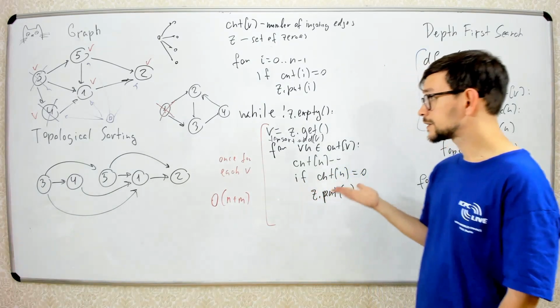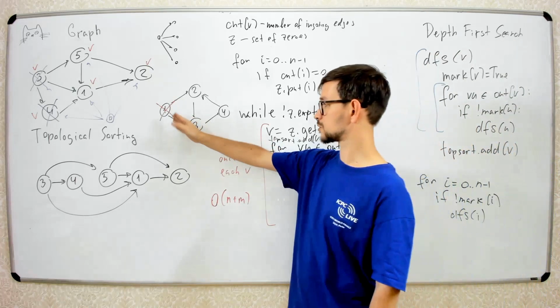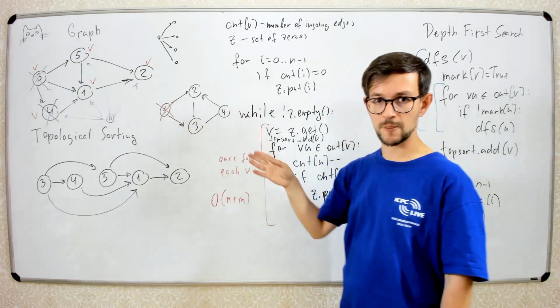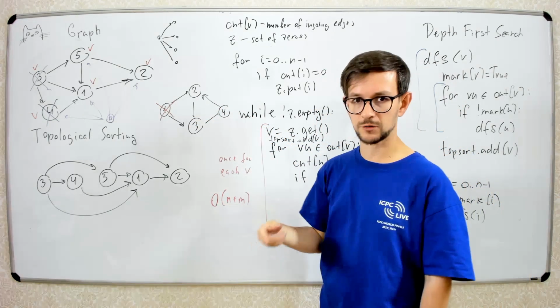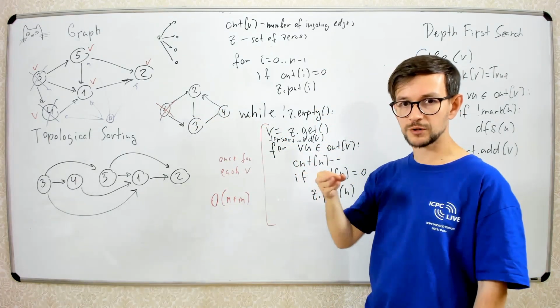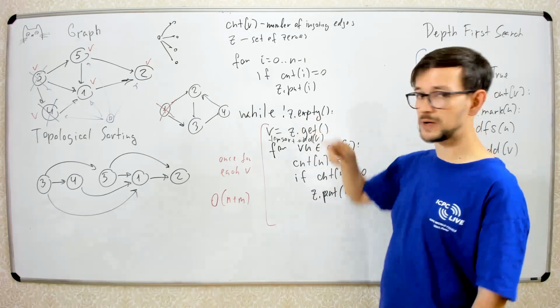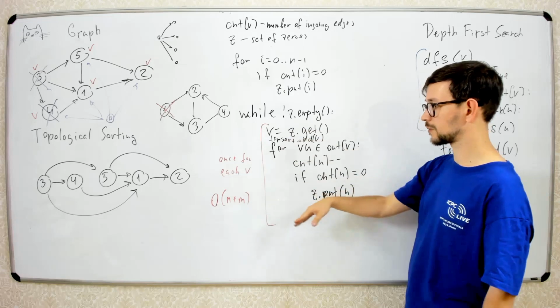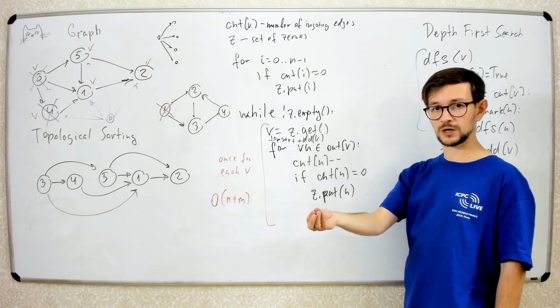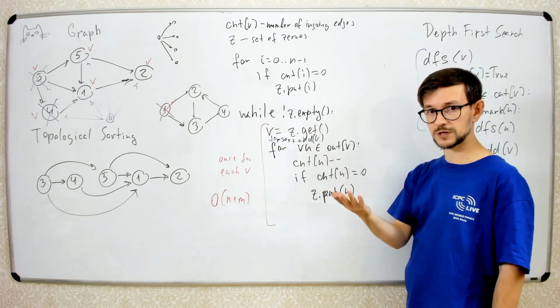Sometimes we can add some nodes, because first we add some nodes from left to right. But at some point, if we have cycle, we cannot add any nodes from this cycle to our topological ordering. So at some point we will stop, because this set will be empty. So if we stop this algorithm before we added all the nodes to the topological ordering, it means that we have cycle in our graph.